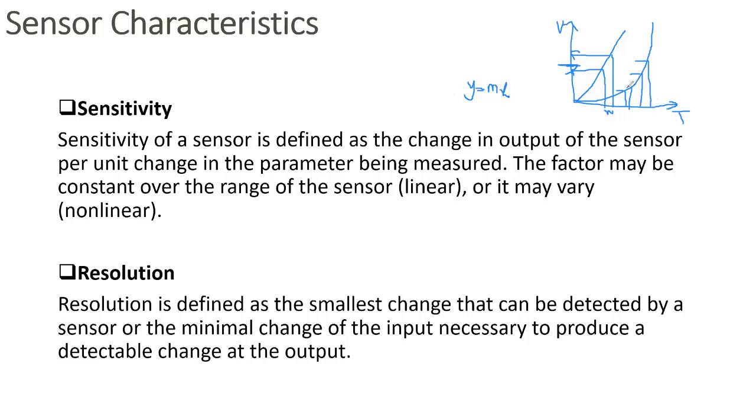The curved one we call a non-linear system. A linear system is easy, because you know that for an increment of 1, you will always have a similar increment. The gradient is the same. But in the non-linear case, you don't have a constant gradient. That means your reading is going to change from the increment here to the increment here.